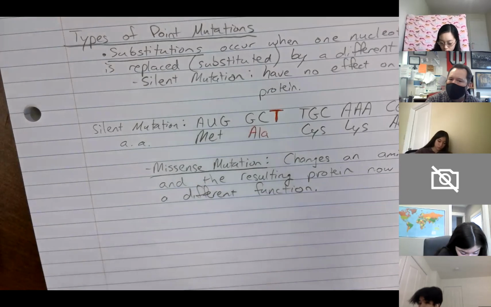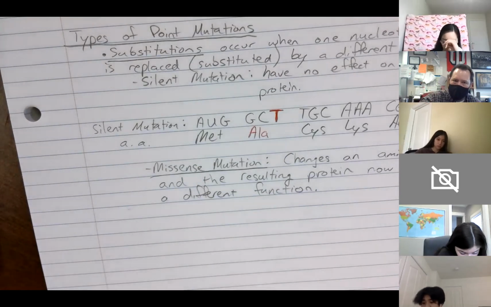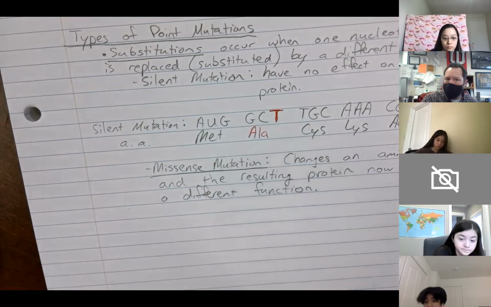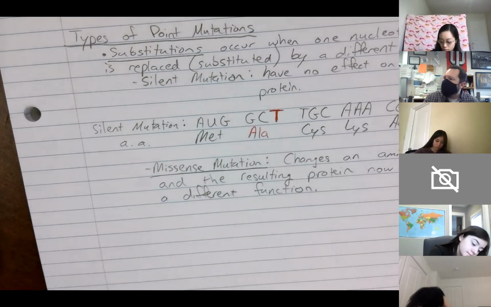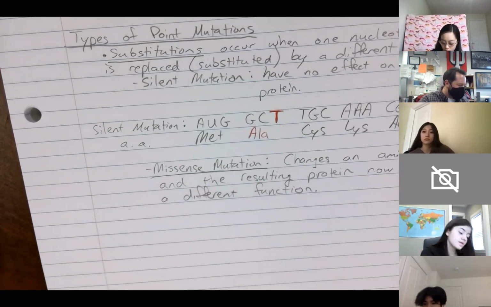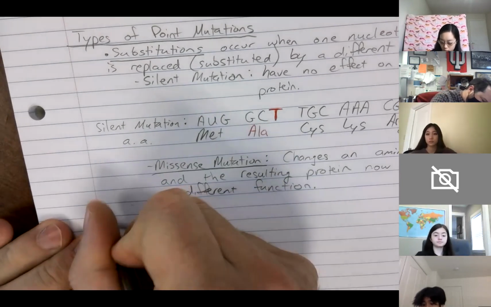One little change, one amino acid, or in the case of the activity Friday, one little letter. Your whole word may not have been messed up. You still might have gotten the gist of the word, but you did have that one little change in there. That's called a missense mutation. Take a look at an example of that.